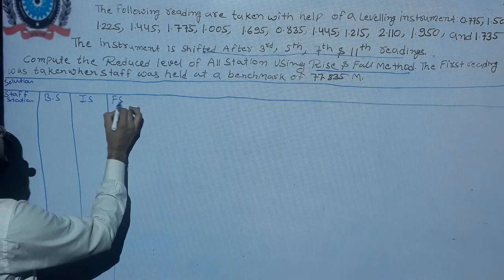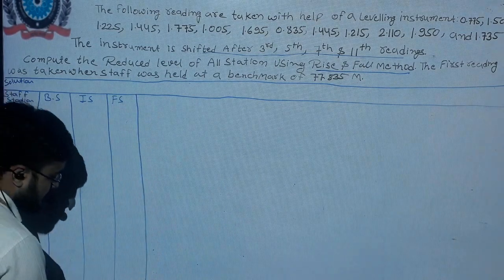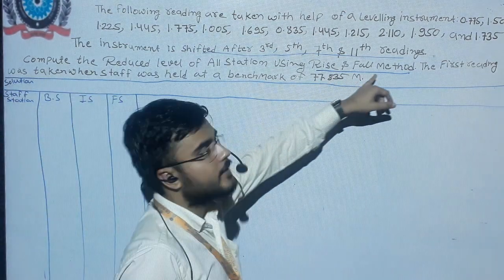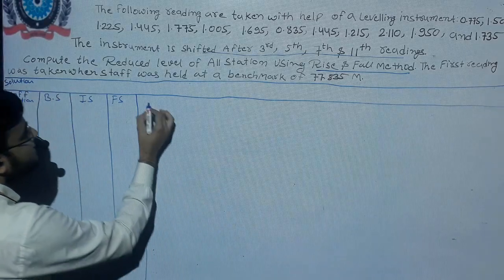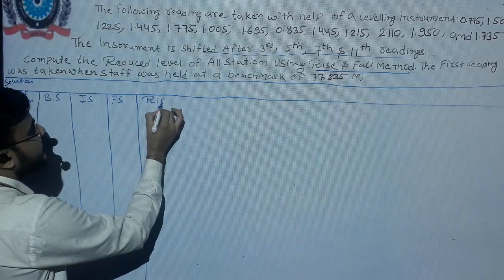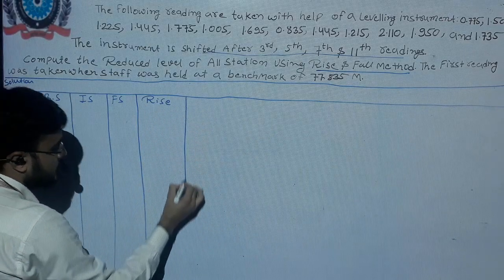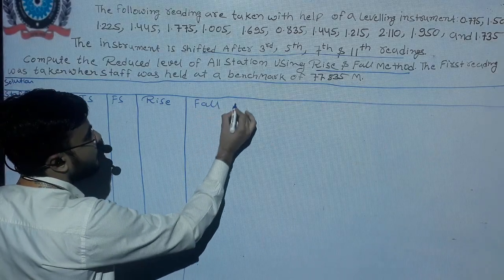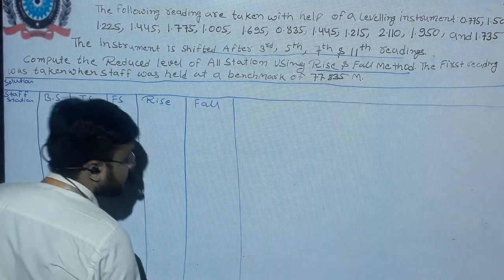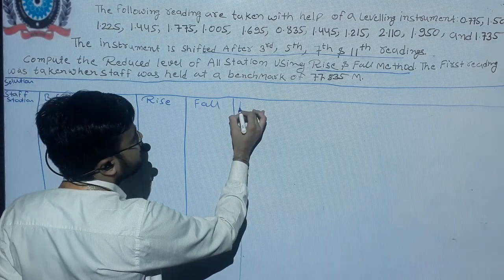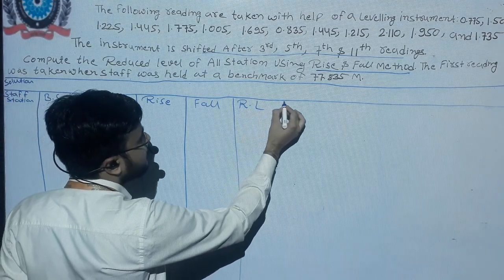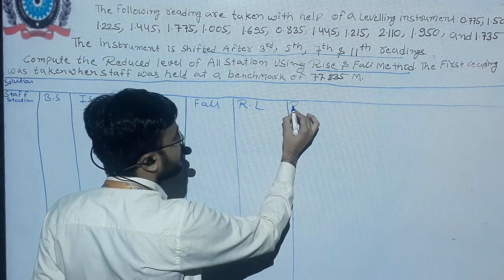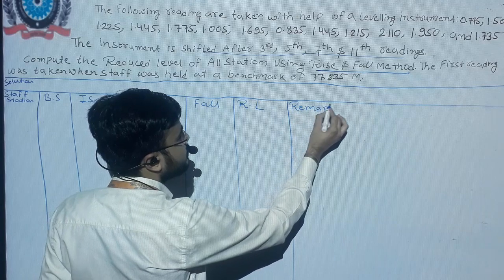Then foresight. Next, we require the rise and fall method, so the first is rise and the second is fall. Further, the new column is RL, reduced level, and last, remarks.